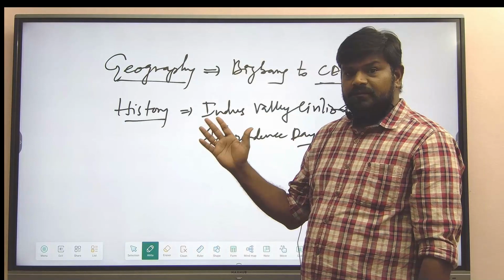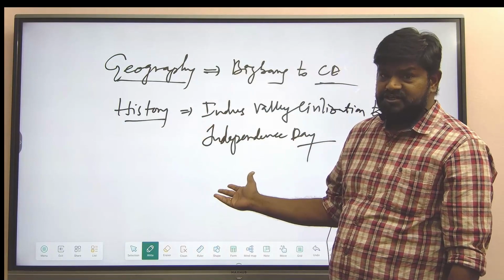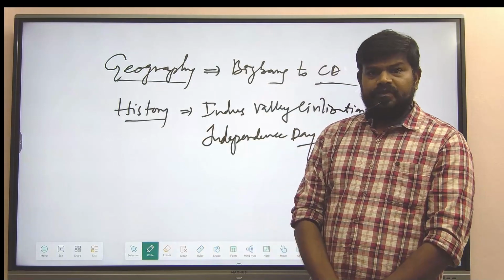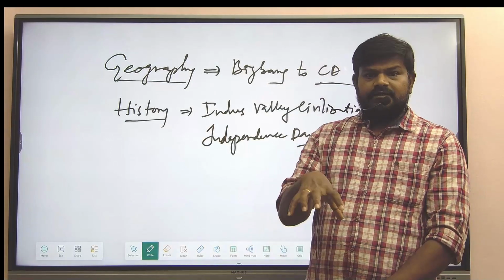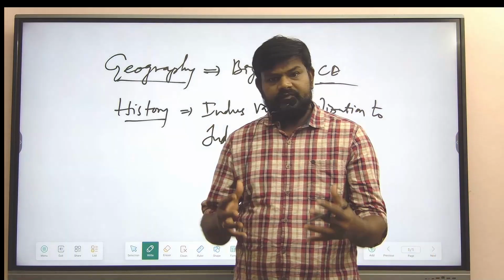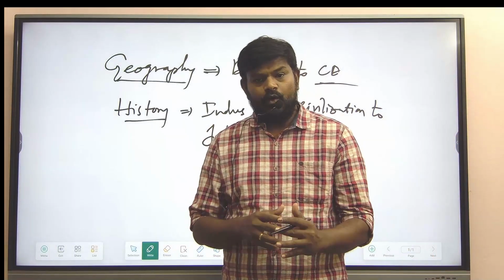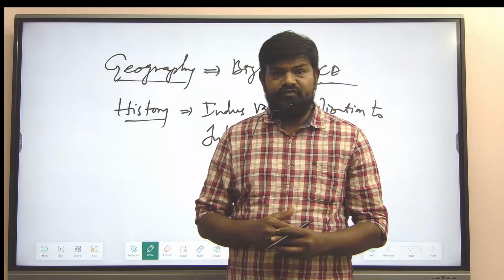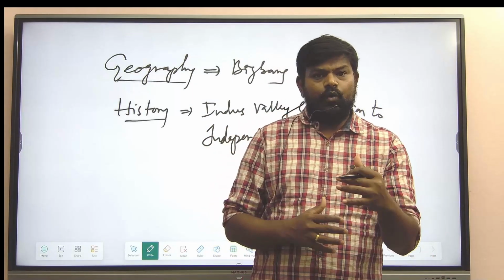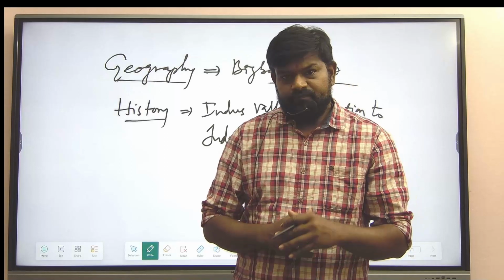All the modern Indian history, as you see, starts from the British rule. How the Britishers slowly established their rule in India, and how Indians, especially freedom fighters and leaders, took over the power from the British.